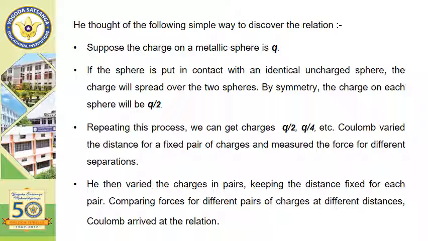Now if we repeat this process, means if we take two or more uncharged spheres, the charges will be again distributed and may have the value Q upon 2 or Q upon 4.